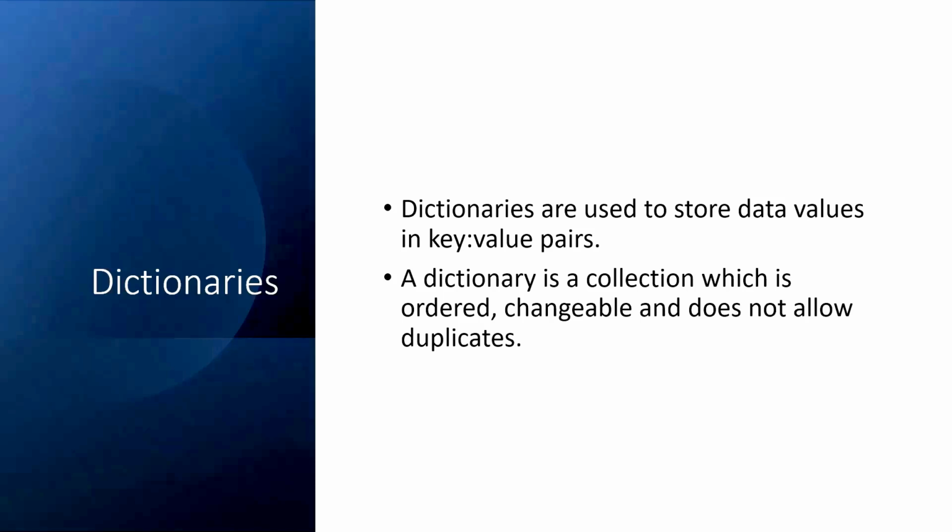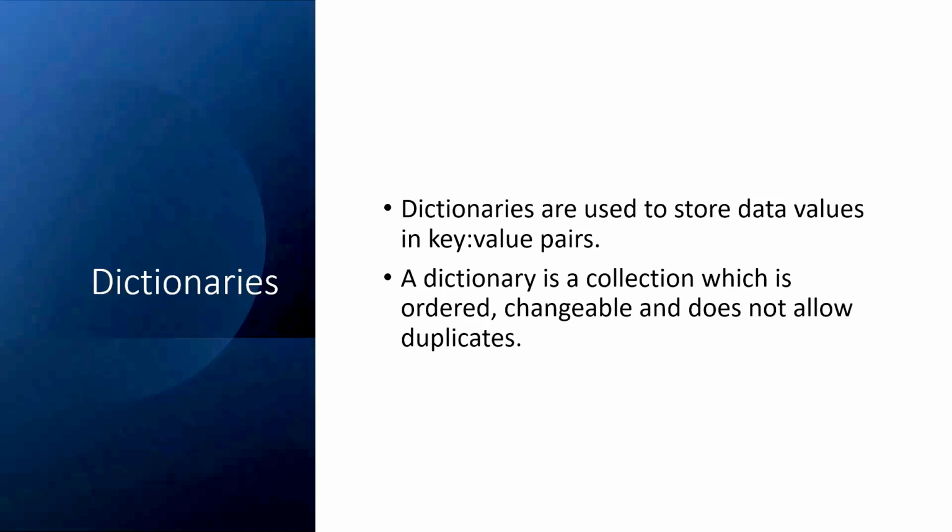Now, dictionaries are used to store data, but this one is slightly different from the other three which we have seen because this one stores in a key value. So, for example, you can store name as Smith and then age as 23.